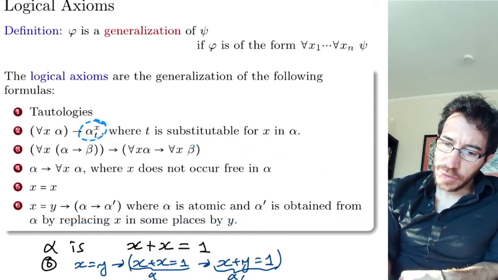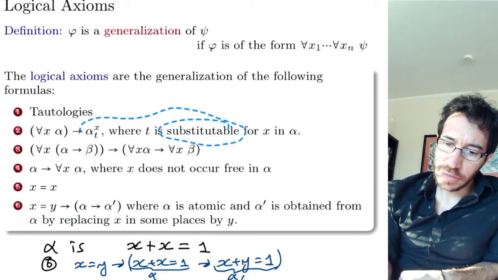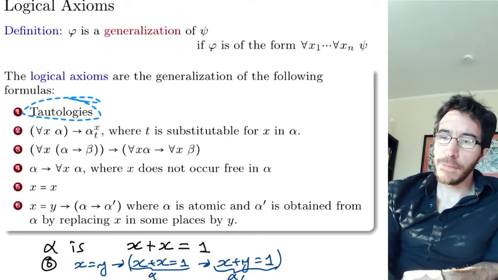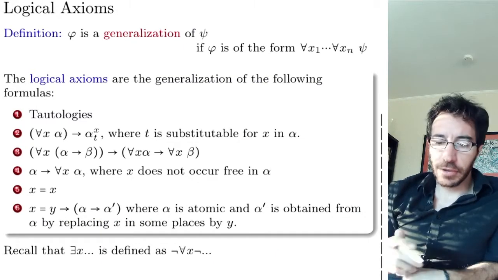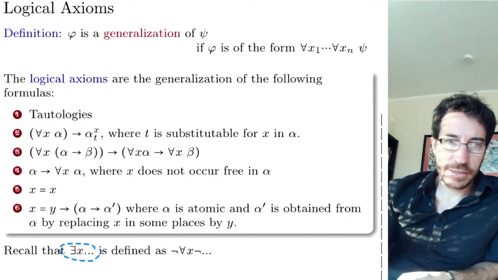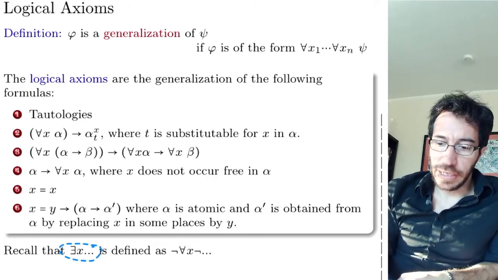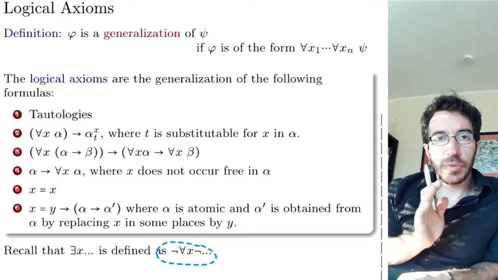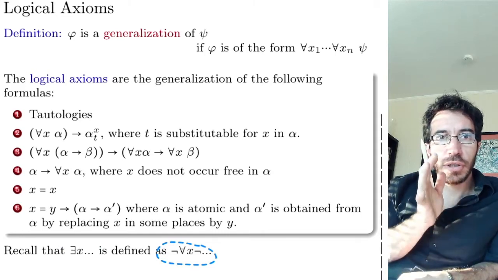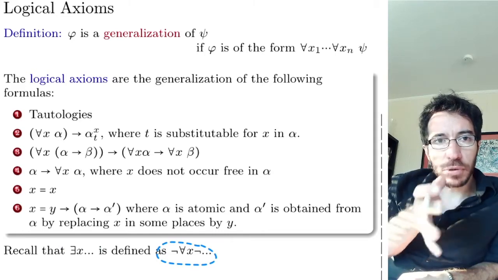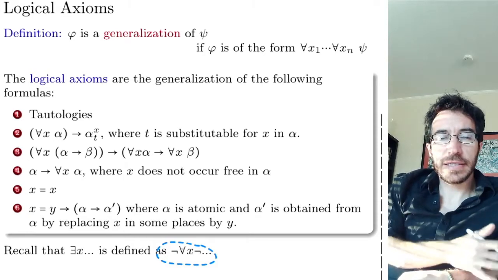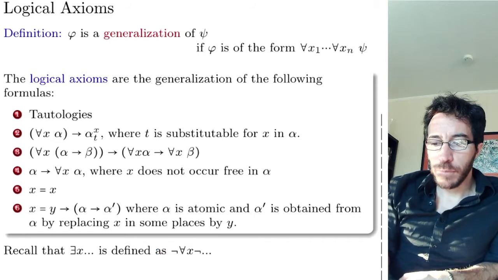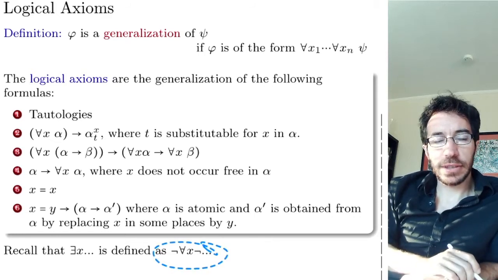Let's talk a little bit about what this means, and then let's talk a little bit about what tautology means. Okay, before that, let me recall that exists x is defined as not for all not. Remember, in Enderton's book, for first order logic, formally we only have one quantifier, for all, and exist is just defined out of for all using that equality.